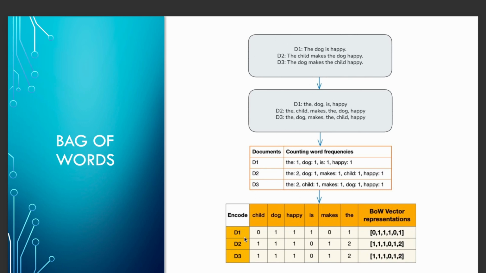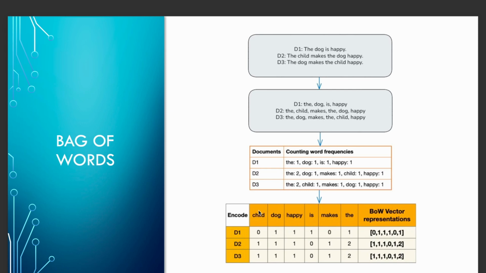For document 1, we'll put the count of each of the words in the respective positions. This is the dimension of the array, where six elements are present, and the vector representation will also be of size 6 because we have 6 different unique words in this whole corpus.